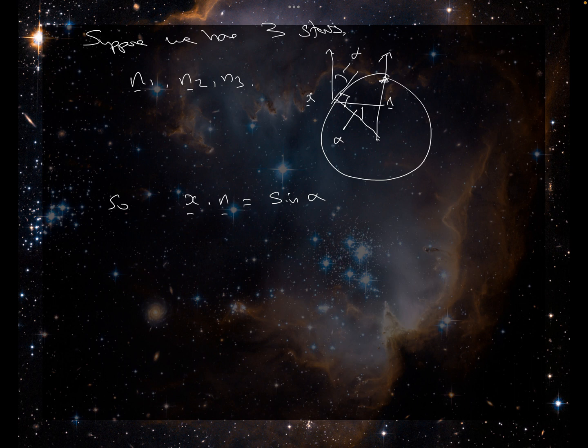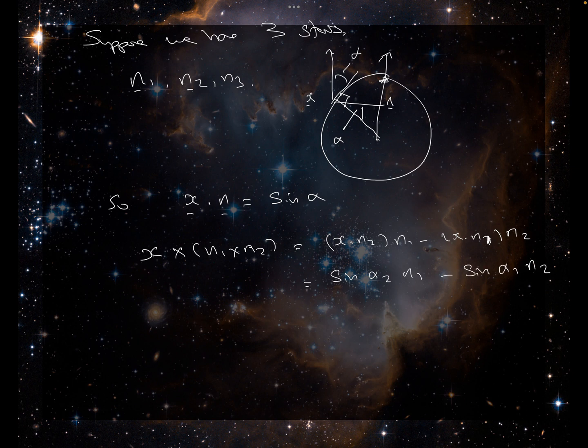So in particular, x cross n1 cross n2 is x dot n2 n1 minus x dot n1 n2, and that's equal to sine alpha 2 n1 minus sine alpha 1 n2. Cross this with n3: sine alpha 2 n3 cross n1 minus sine alpha 1 n3 cross n2.